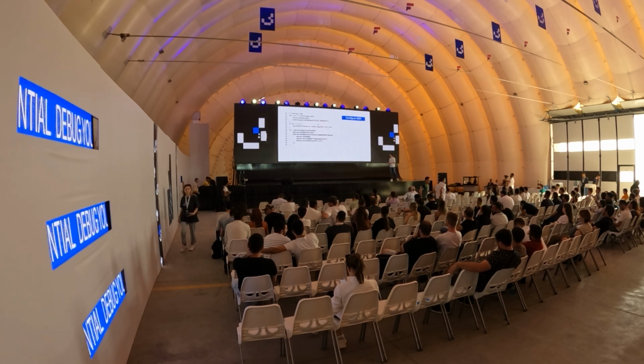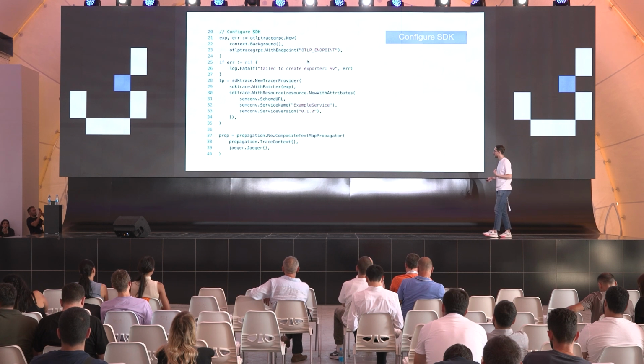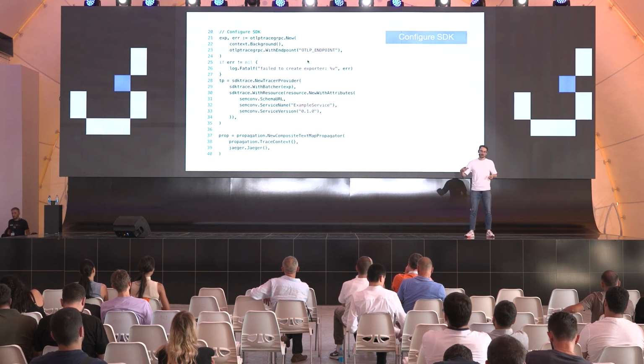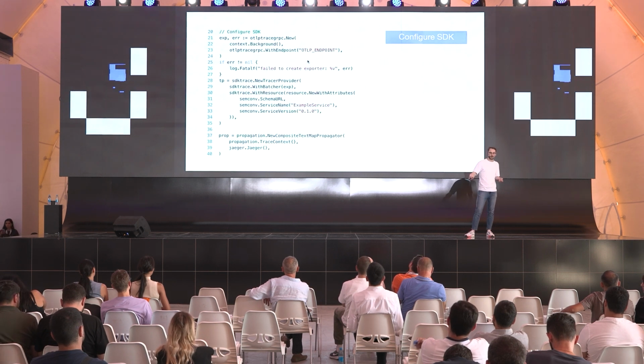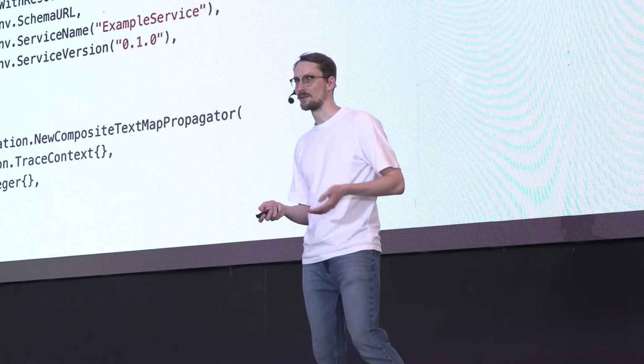Cool. Next one is the propagator. For the propagators, we are going to use a composite propagator that consists of two propagators. The first one will use the standard OpenTelemetry context propagation using the W3C protocol that we looked at before. And the second one will use the Jaeger protocol.